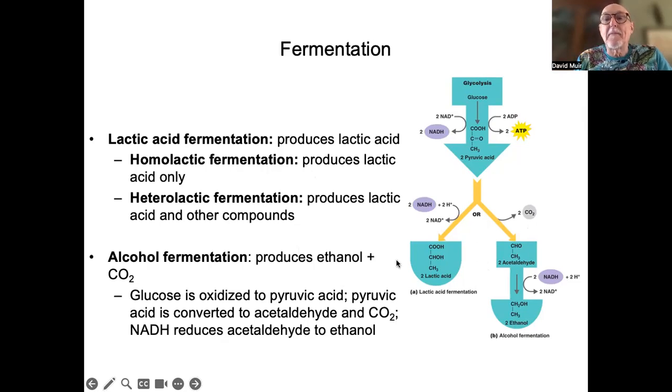The other type of fermentation, which of course is hugely important to human beings, is those which can produce alcohol. This is alcohol fermentation, and it produces ethanol and CO2. Those are both byproducts. Don't worry about all of the intermediates. Just have a look at the end products: ethanol there, carbon dioxide there, and we use the NADH to reduce this compound here to ethanol.